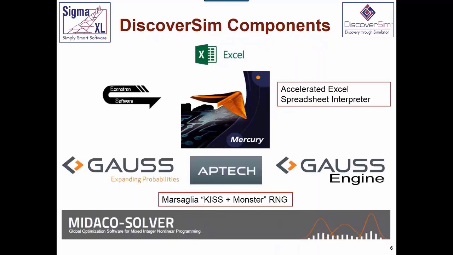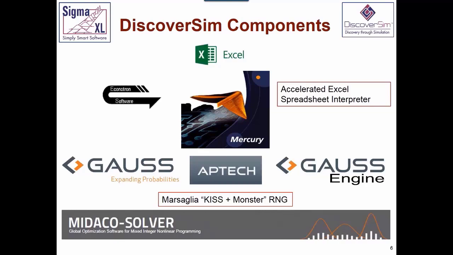Now, just a little background, the components of DiscoverSim. First of all, it is an Excel add-in, but it is much more than an Excel add-in. There is an interface, which is the Excel spreadsheet interpreter, and then in the background we use what is called the Gauss engine, which is popular amongst econometricians.